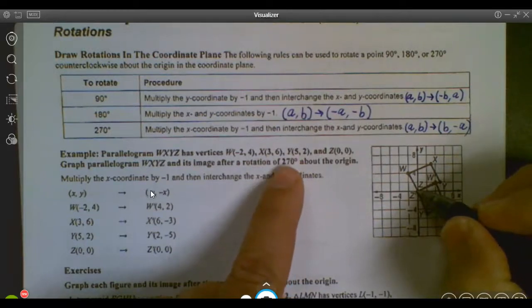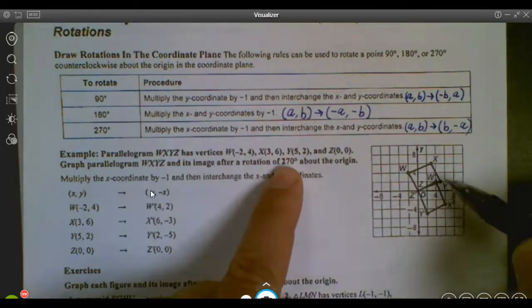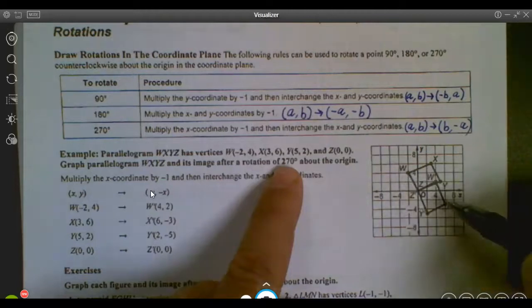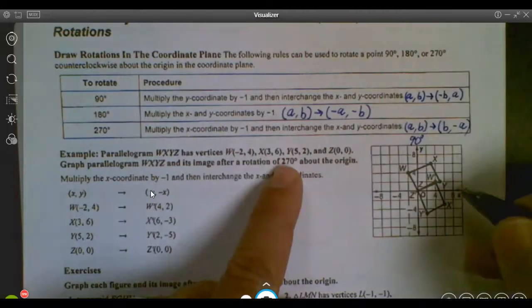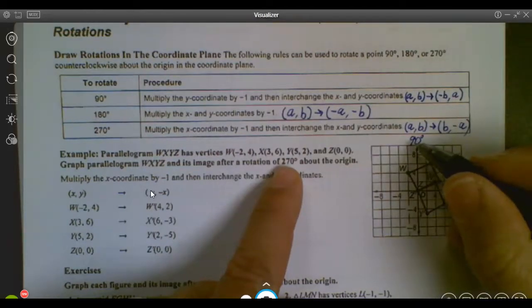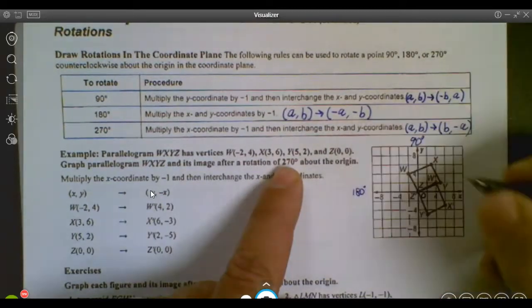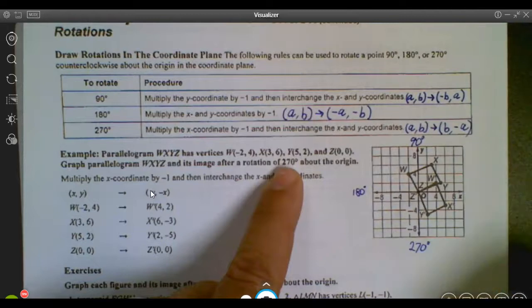So two things I want you to understand about that. First things first, when we rotate, we always rotate counterclockwise. Unless it tells us specifically to do something else, it's always implied that we go counterclockwise. Here is 0, right? Here's where we're starting. So if I rotate 90 degrees, that would put me right here. So that's my 90-degree rotation. If I rotate 180, then I add another 90 degrees and it puts me right here. If I did another 90 degrees, that puts me here.